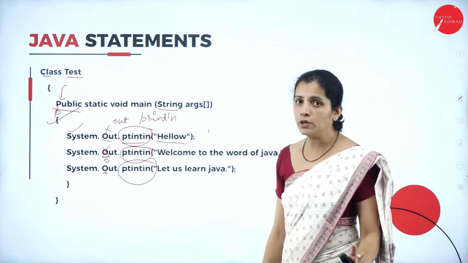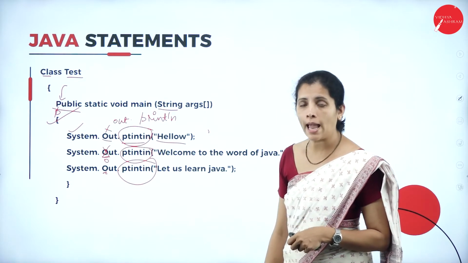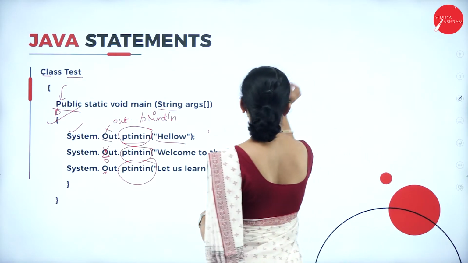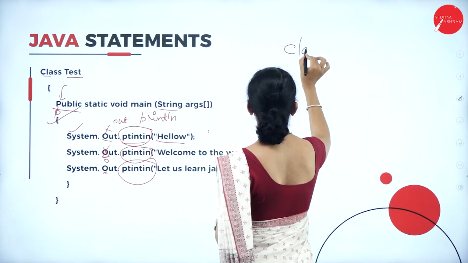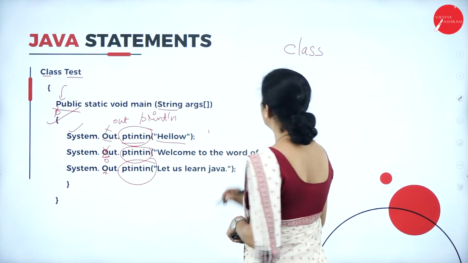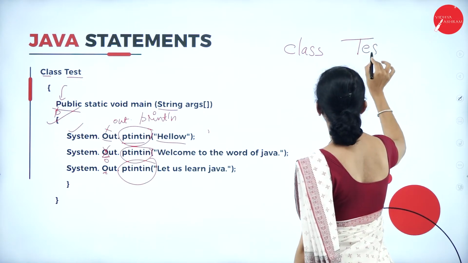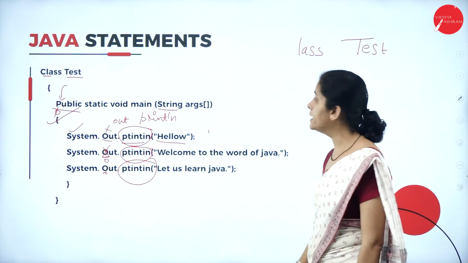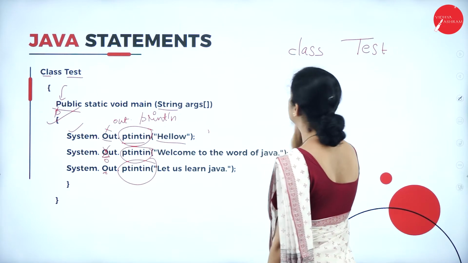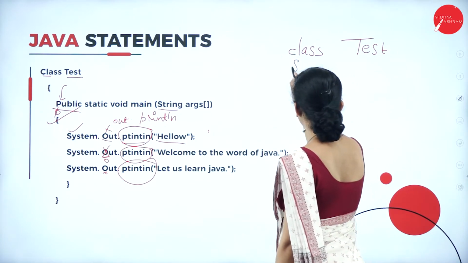Now let me rewrite the program once again. First I want to create the class, and here the class name is Test. So dear student, it is small letter c. Open the curly brace.